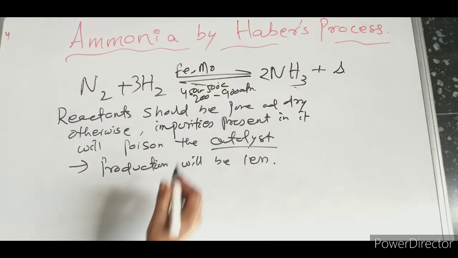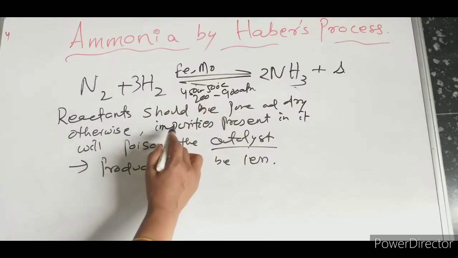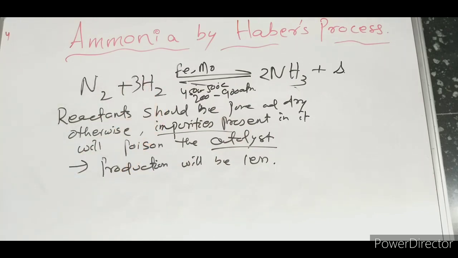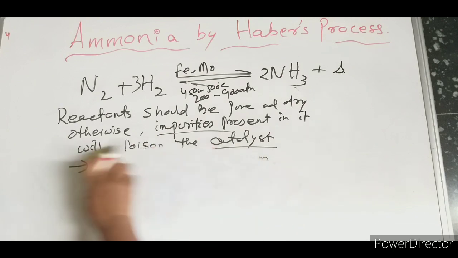Here the question arises: from where do we get these impurities? From the Bosch process, whatever hydrogen we get may contain them. So that is the main condition: there should not be any impurities in it.